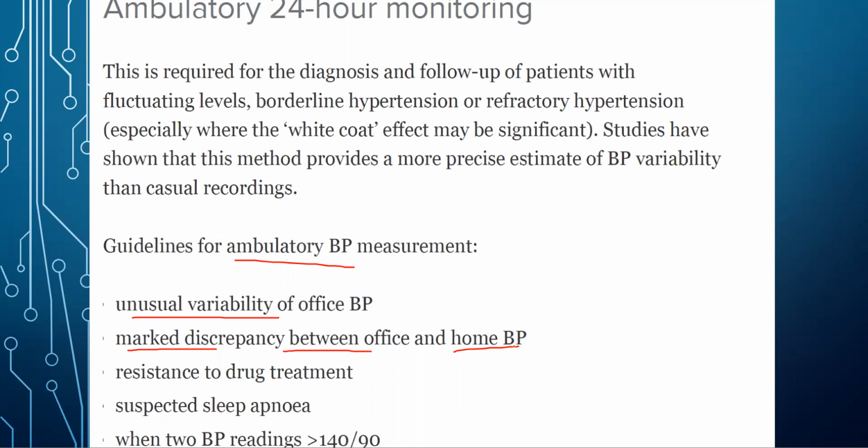This is called white coat hypertension. So for those, you can use this. Resistant to drug treatment, suspected sleep apnea patient, and when two BP readings are more than 140/90. Mainly, we use this if there is unusual variation between office BP and home BP, and also unusual variability of repeated office BP.